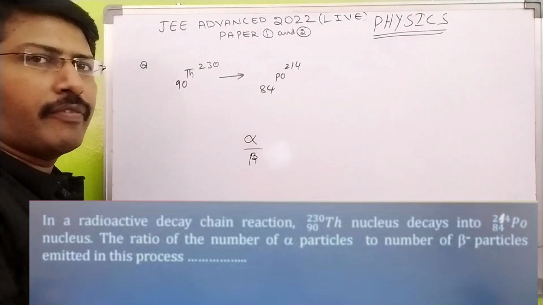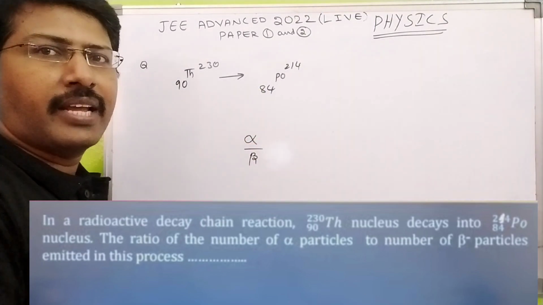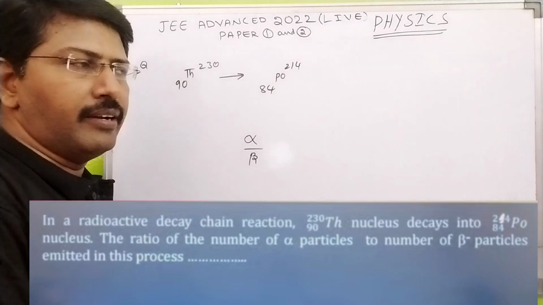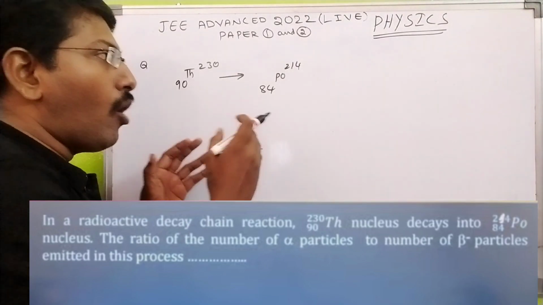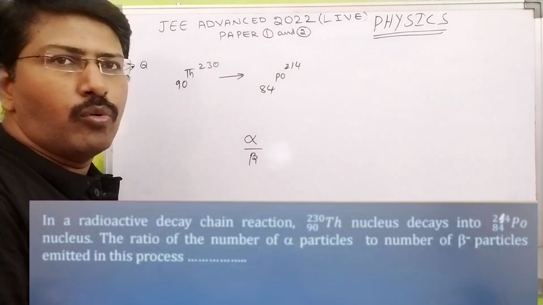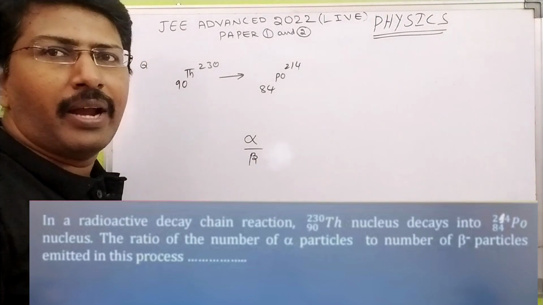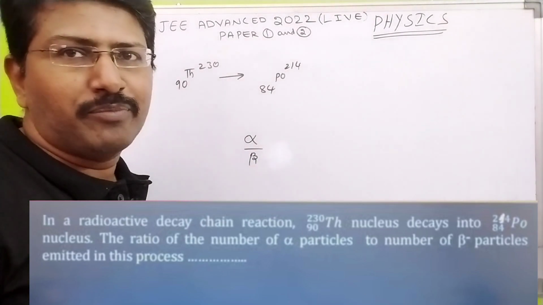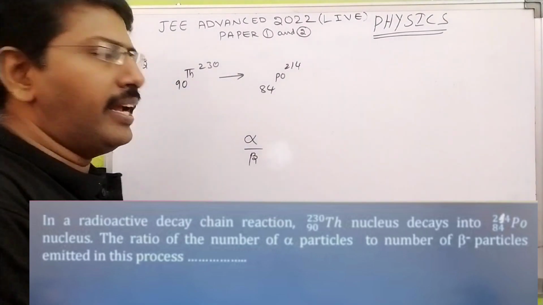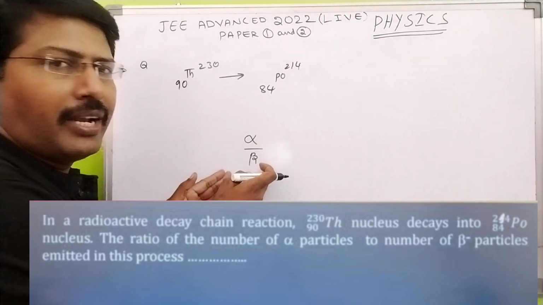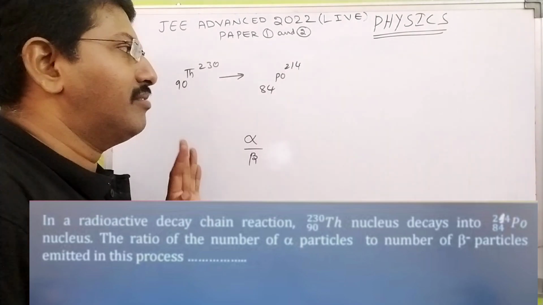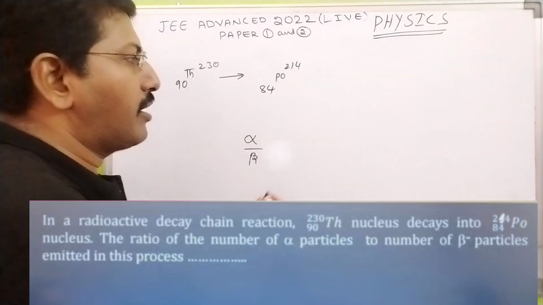In the process of radioactive decay, alpha particles and beta particles are emitted. First you calculate how many alpha particles and how many beta particles come out. After that, you will get the ratio. I will tell you one shortcut trick here.